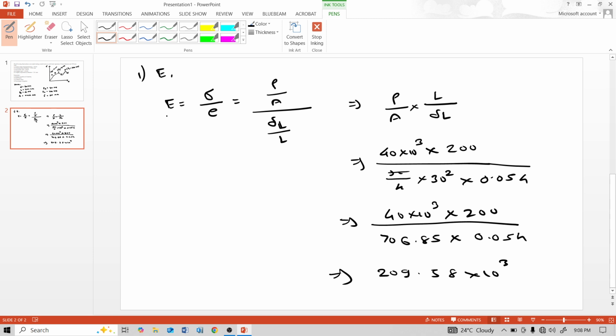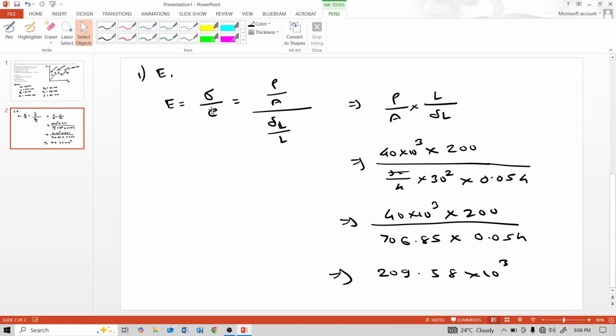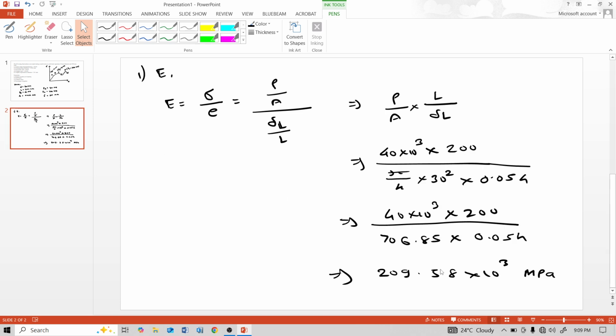The Young's modulus formula is stress upon strain; the stress unit is Newton per mm square and strain has no unit. 1 Newton per mm square is equal to 1 MPa. So Young's modulus of elasticity is 209.58 into 10 raised to 3 MPa.